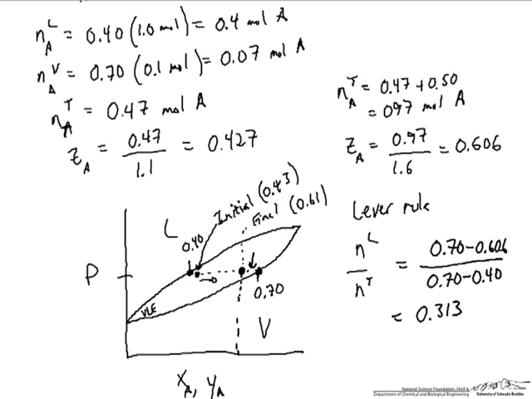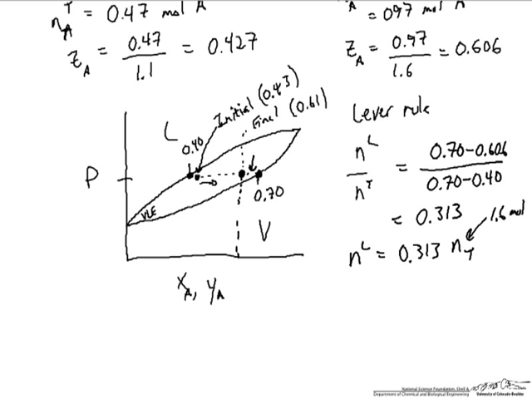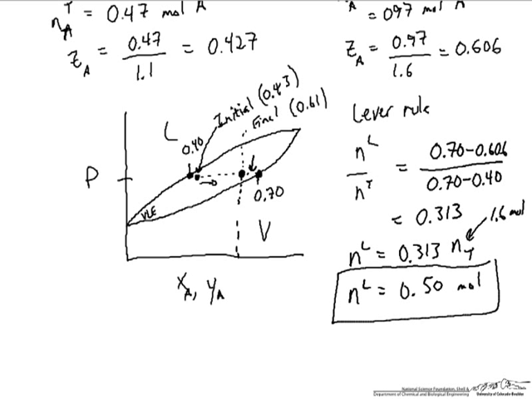Then it's very simple: the number of moles in the liquid phase is equal to this 0.313 times the total, which we already calculated above is 1.6 moles. Therefore, the amount of liquid, which started at 1.0 moles, is now 0.50 moles, just a little bit over that.